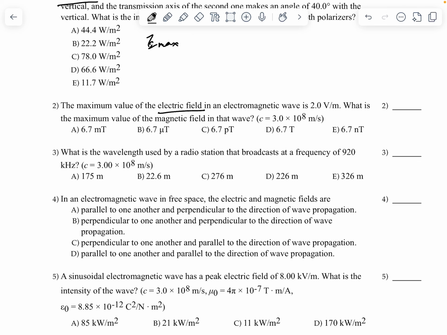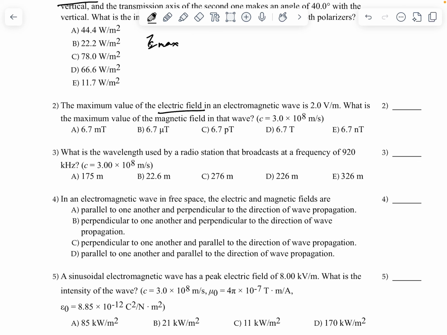What is the maximum value of the magnetic field? Well, this is very simple. Magnetic field maximum equals E maximum over C. We know E equals C times B at any given moment, so this is pretty straightforward. Let's just plug in.